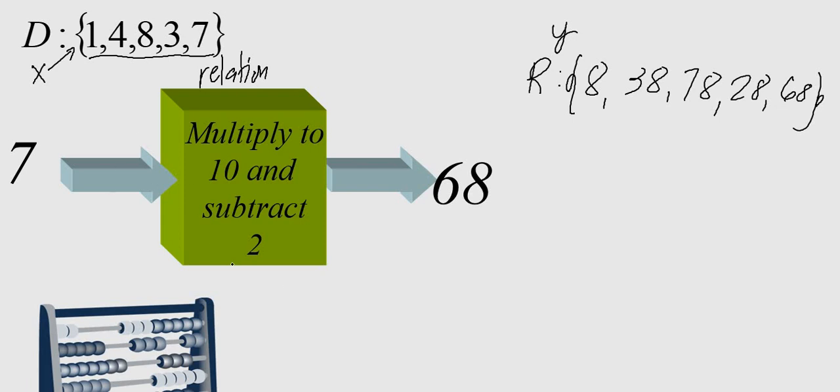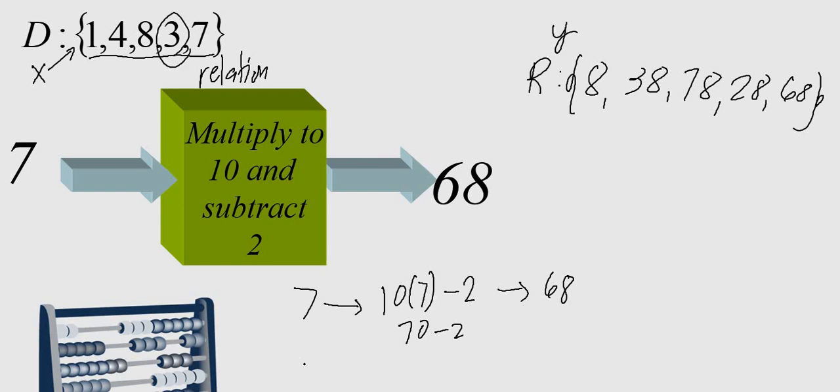If we're going to look at this one here, 7, then we multiply it by 10. 10 times 7, then subtract 2. And if we will solve this, 10 times 7 is 70. 70 minus 2 will lead us to 68. Same with the previous ones. 3 would become 10 times 3 minus 2.